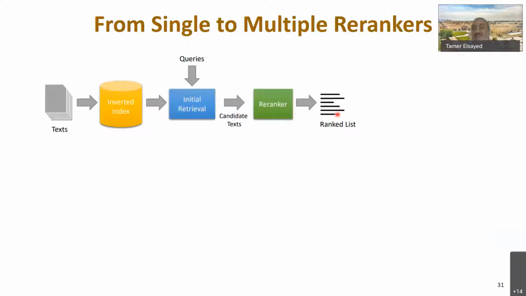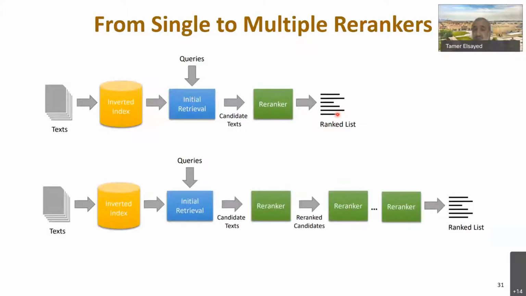This is using a single re-ranker, but theoretically we can use multiple re-rankers. Nothing will prevent us from re-ranking that set, and then re-ranking the second set, and then re-ranking the third set, and so on. We can do that.